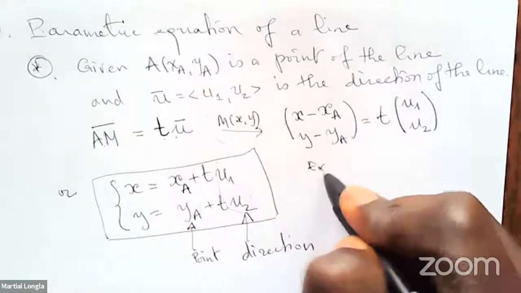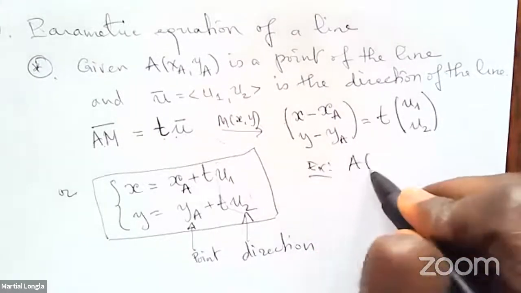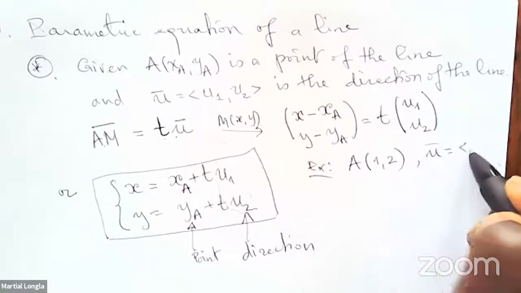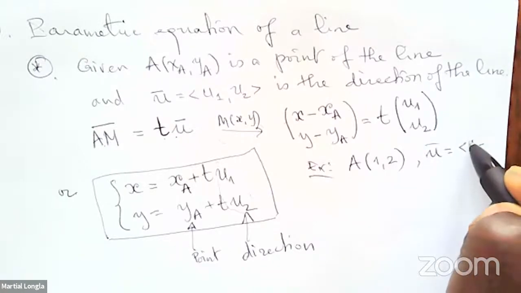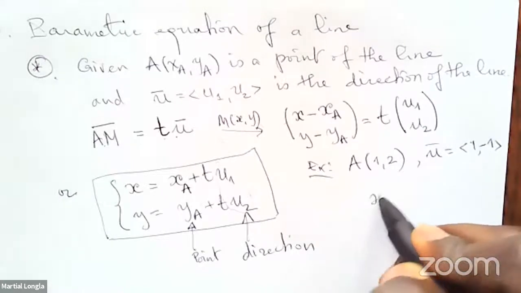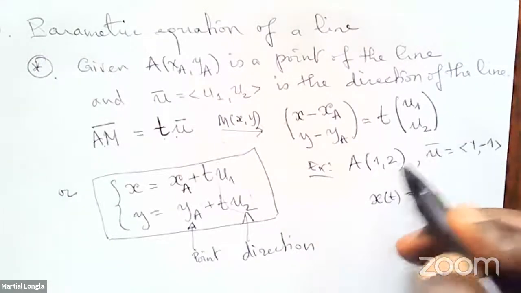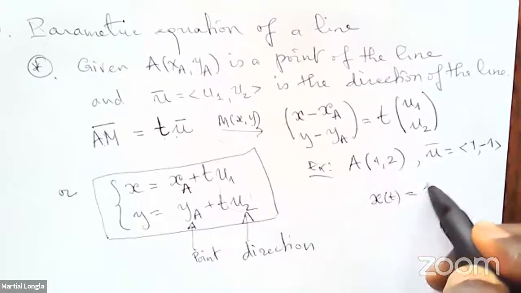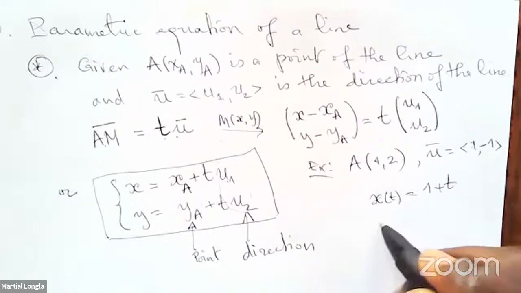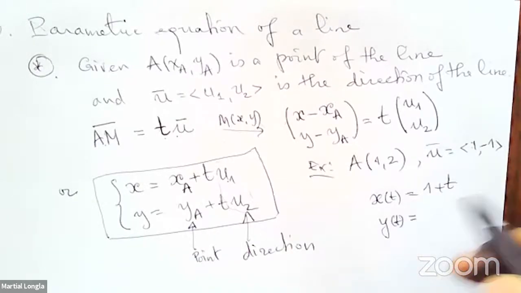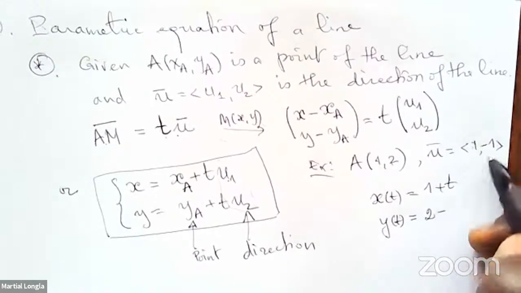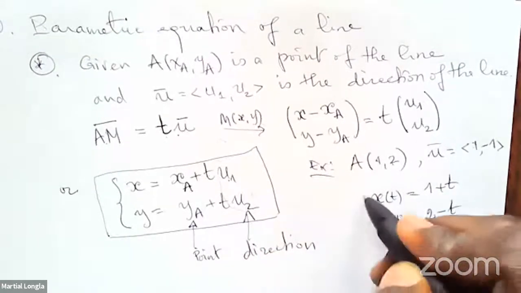You can put an example here. A with coordinates (1, 2), U equals (1, -1). Then x of t is equal to xA, that's 1, plus u1, that's 1, times t, so 1 plus t, and y of t equals 2 minus 1 times t, 2 minus t.